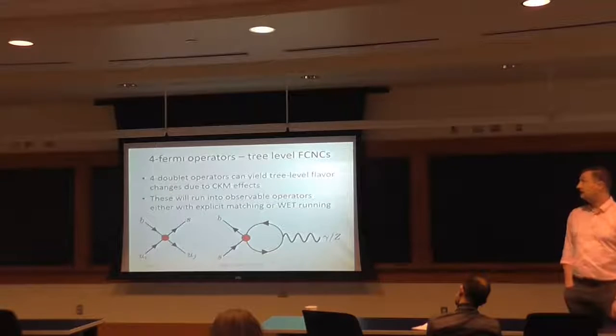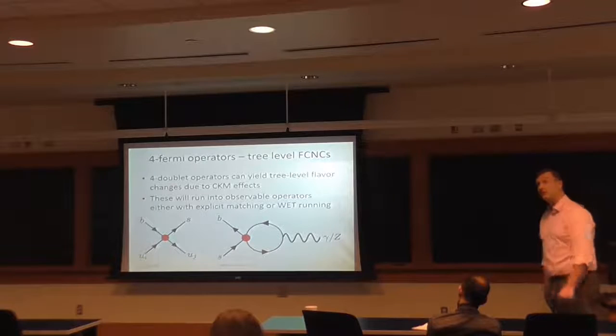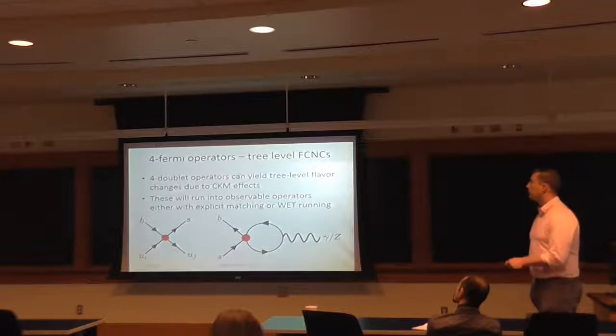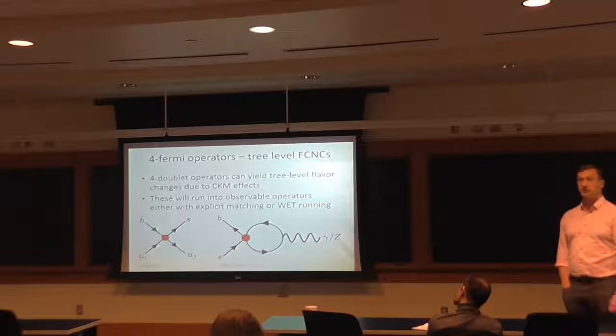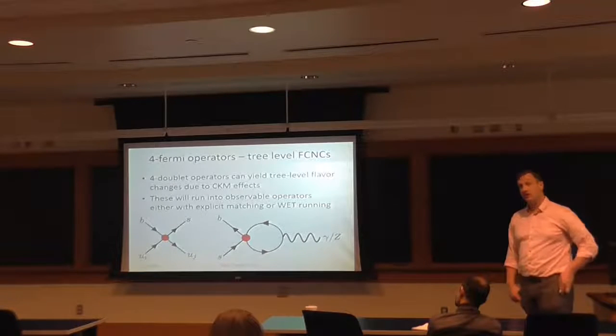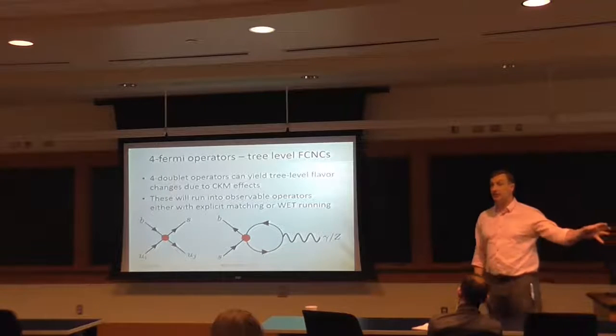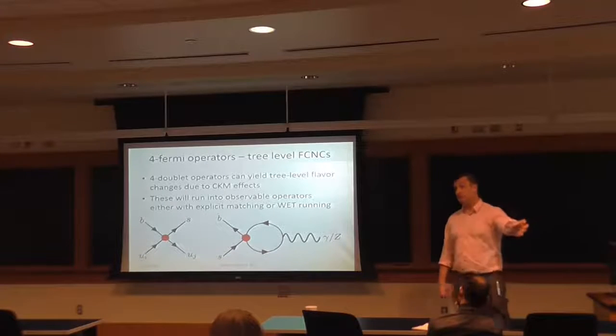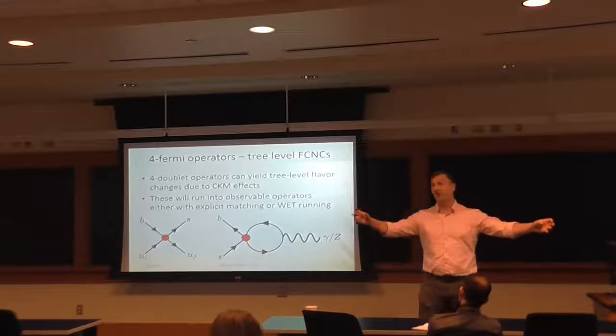There are, it turns out, 2 operators that actually do give you tree level flavor violation even in the 0 Yukawa matrices allowed space. And these are the operators that couple 4 quark doublets together, because there are 2 different flavor contractions available here. I can contract my anti-doublet in one of the currents either to the doublet in the same current or to the doublet in the far current.